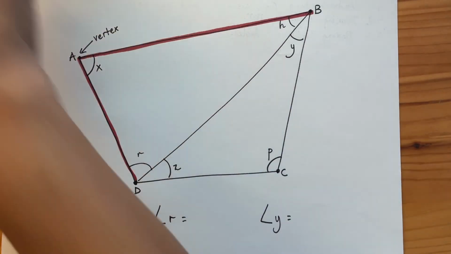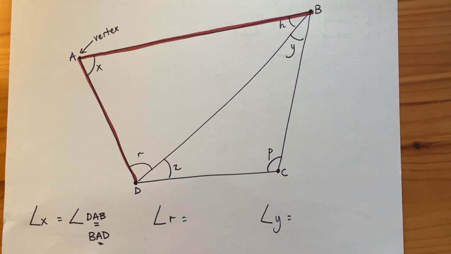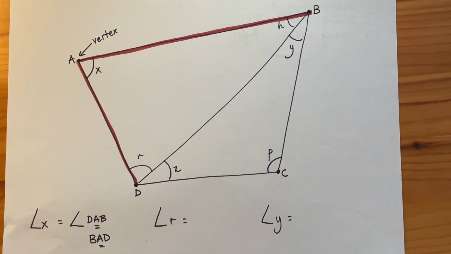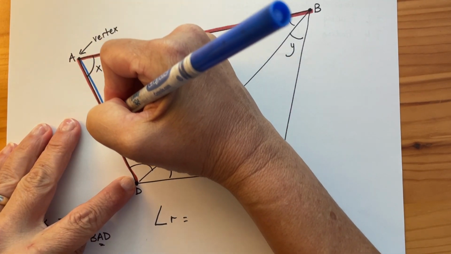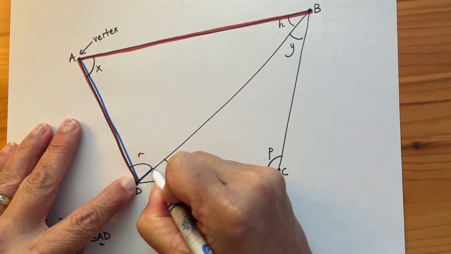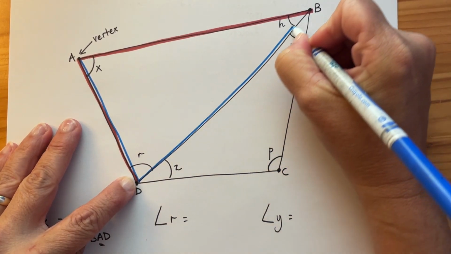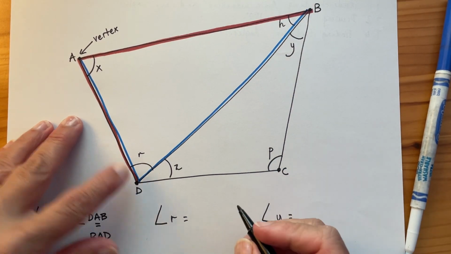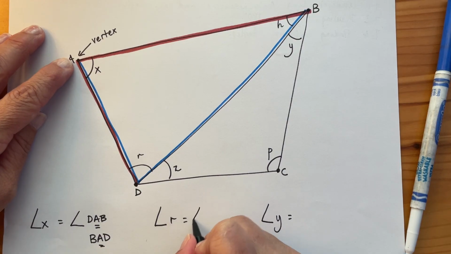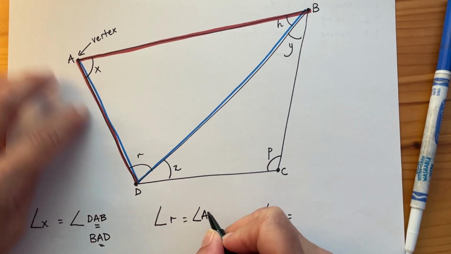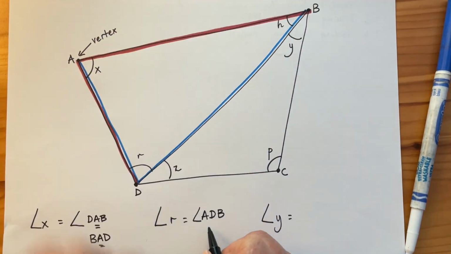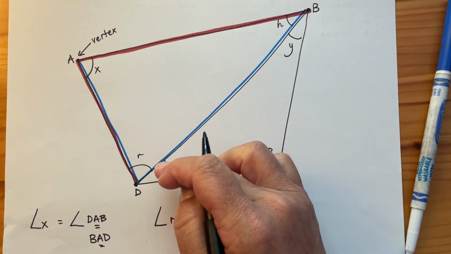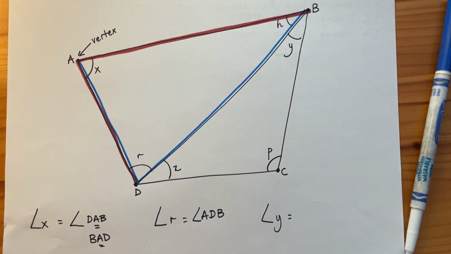Now if you were looking at, let's say, angle R, so angle R would be this and this. It's a bit wonky, sorry about that. Another name for that would be ADB or BDA, right?